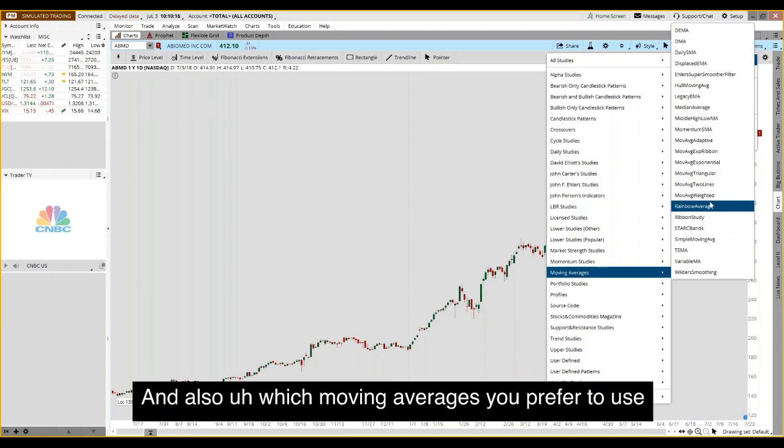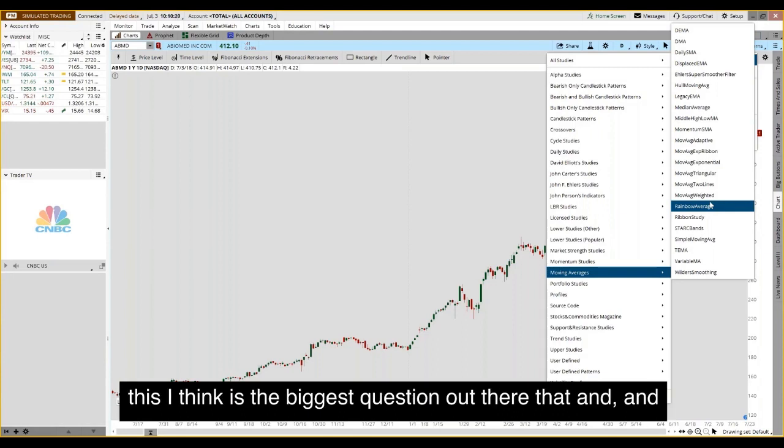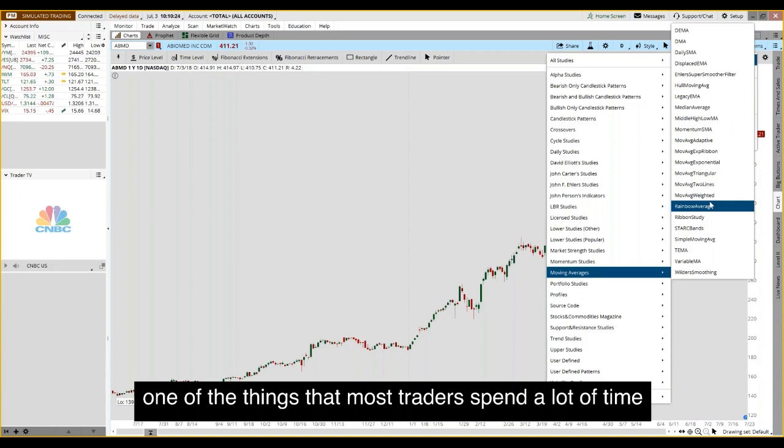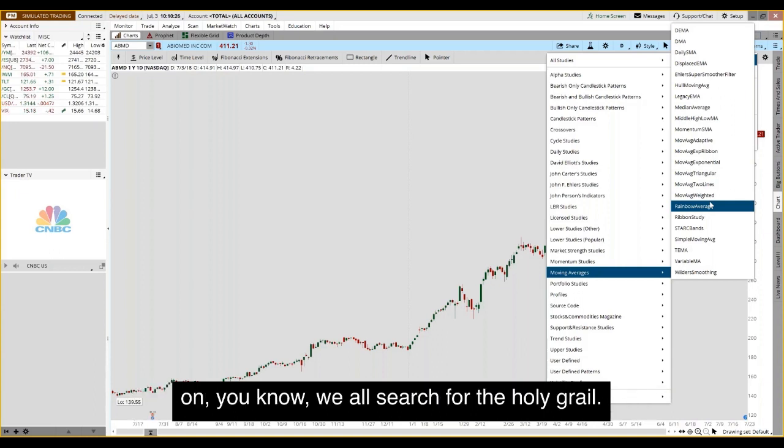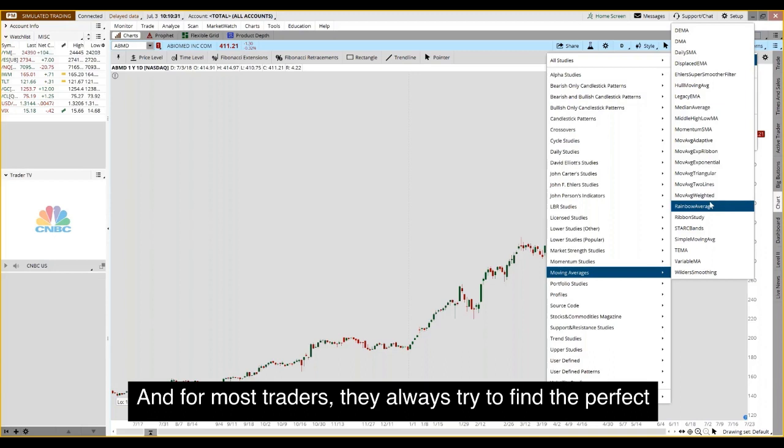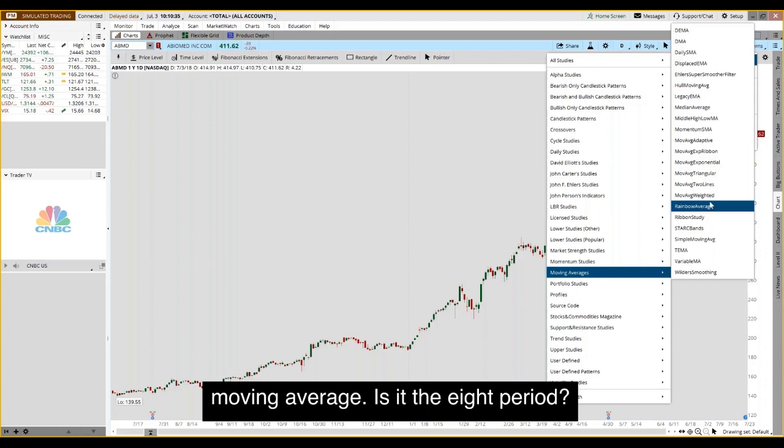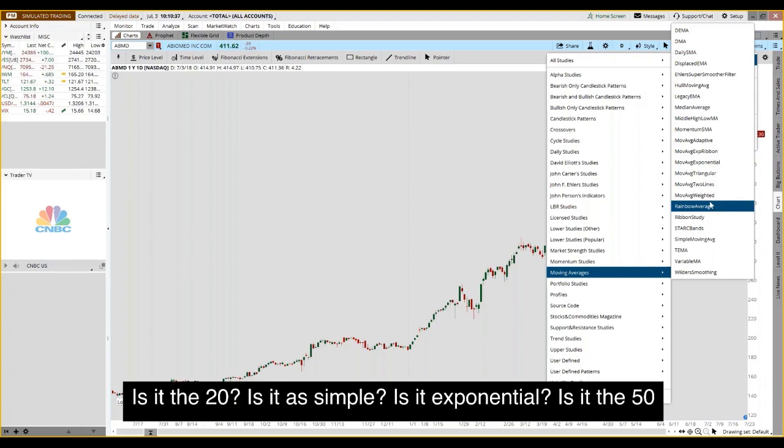And also, which moving averages you prefer to use. This, I think, is the biggest question out there, and one of the things that most traders spend a lot of time on. We all search for the Holy Grail, and most traders always try to find the perfect moving average. Is it the 8-period? Is it the 20?